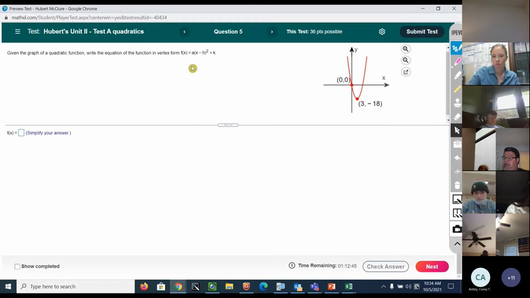Okay, so we've got f of x is equal to a times, we've got a positive shift to the right of 3. So that means it needs to be x minus 3 quantity squared plus a negative 18. Now we can plug in 0 and 0 and find a.